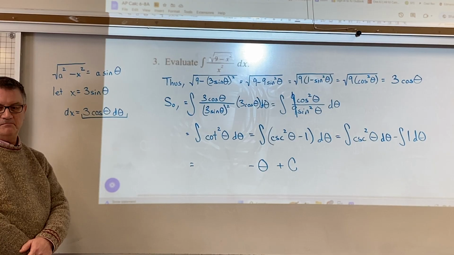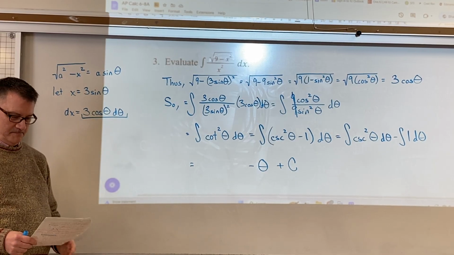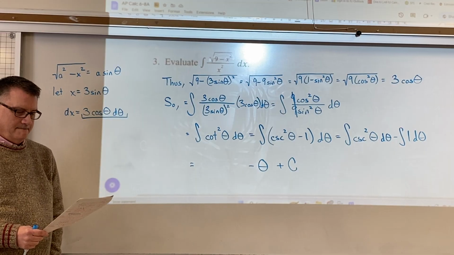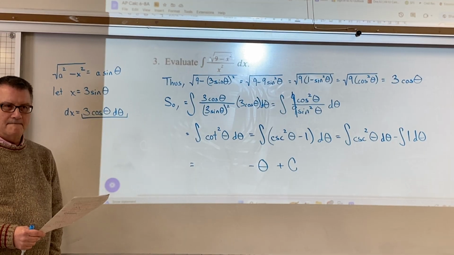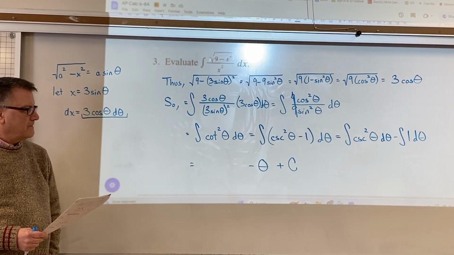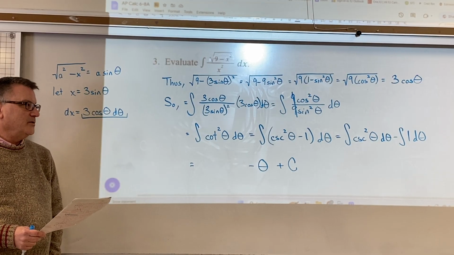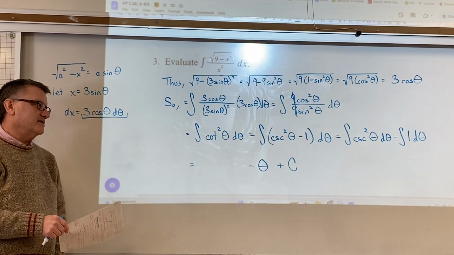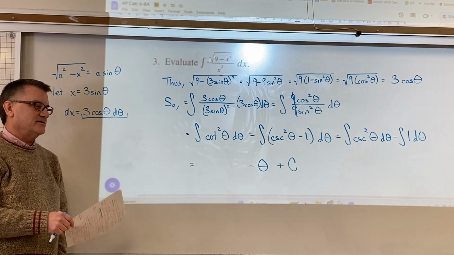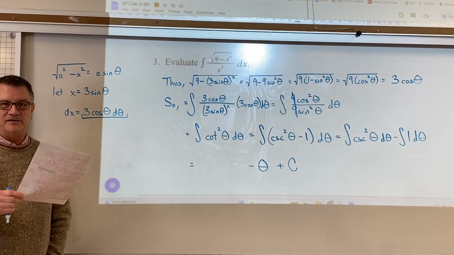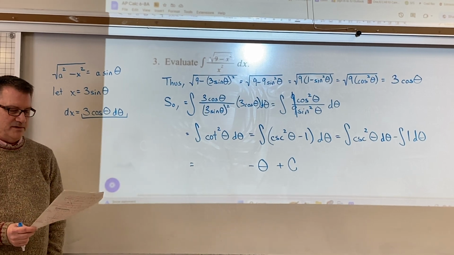Yellow sheet. You either have a derivative saying if you take the derivative of this, you got cosecant squared, or you got an integral of cosecant squared telling you the antiderivative is something.